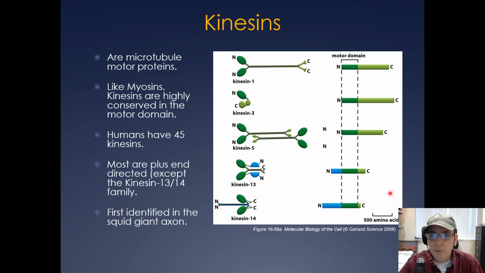And if you guys remember back to the first day of class, when we saw that movie of the animation and we saw the kinesin sort of moving along a microtubule, you can think back like that. And some similarities between these and myosins: they all have a highly conserved motor domain. And it turns out humans actually have 45 different kinesins.